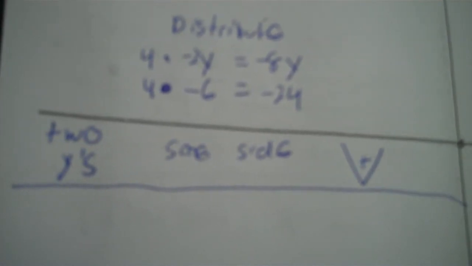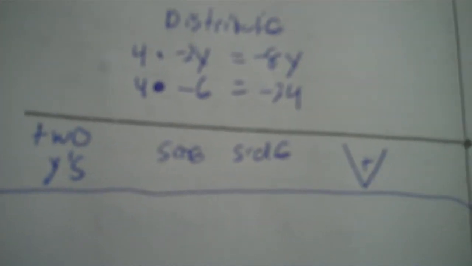Okay? Now, instead, please, of writing how many x's there are, there's going to be 2 y's, okay? So just write 2 letters, okay? 2 y's this time, just write 2 y's. And here's the equals, so that's like my symbol, and they're on the same side, okay? So same side is the V with a plus, okay? Same side, 2 y's is the same side with a V with a plus.